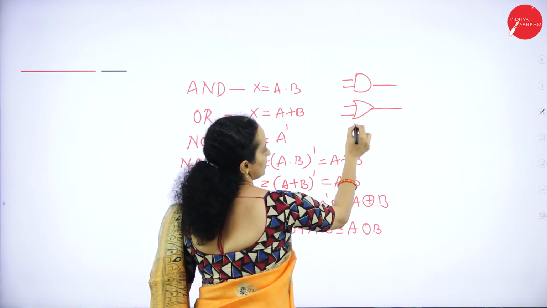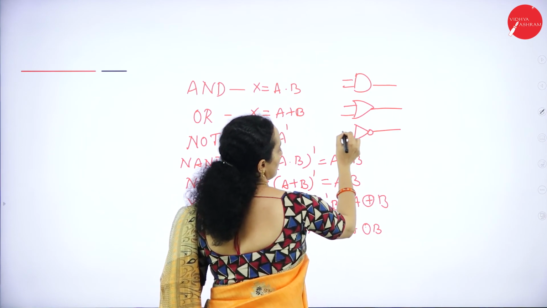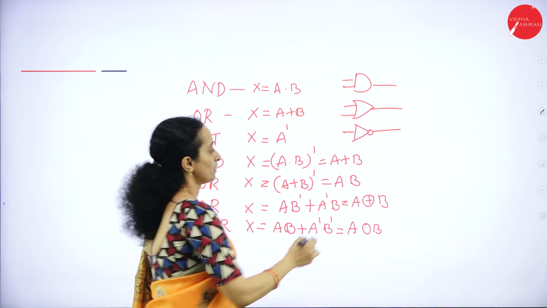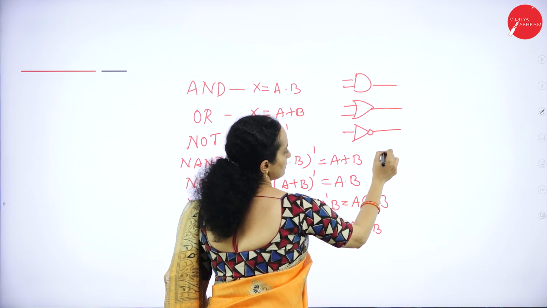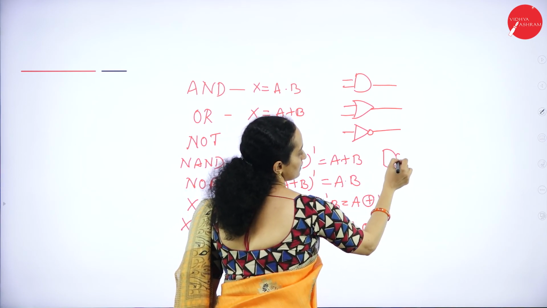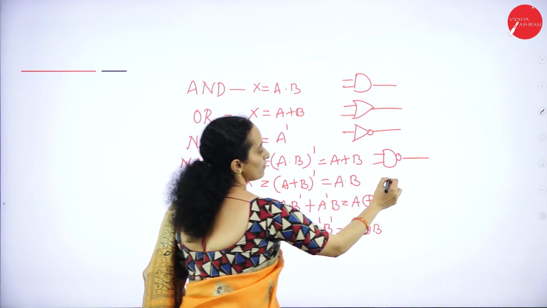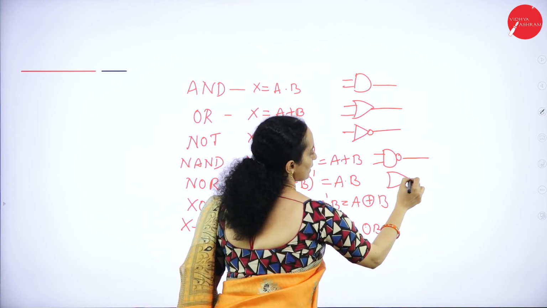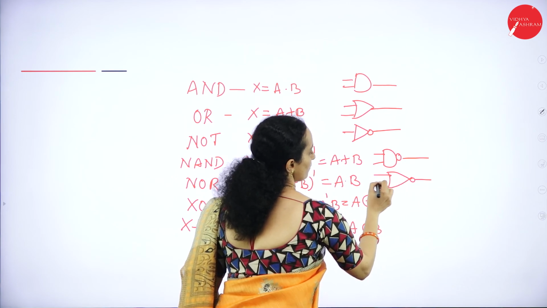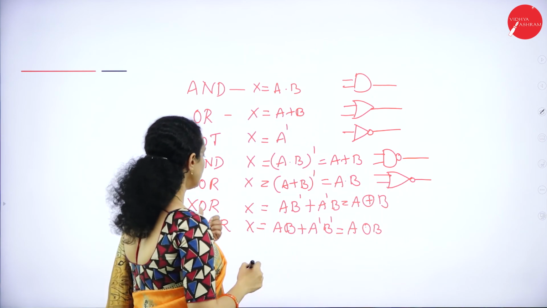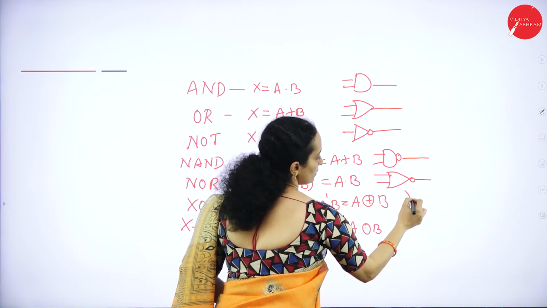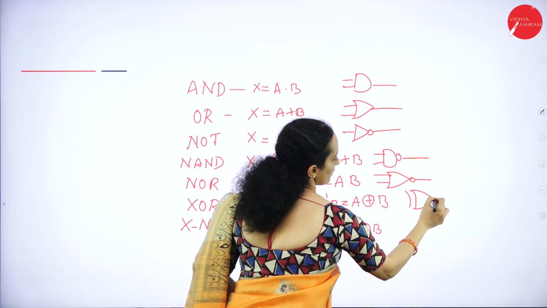NOT we can represent in this way. Then NAND is AND with a circle. NOR will be OR with a circle. And XOR will be like this.